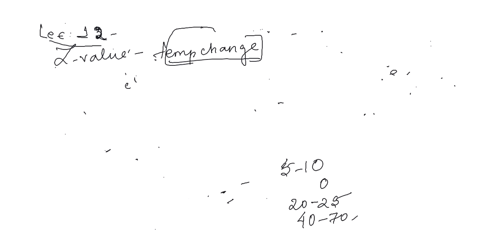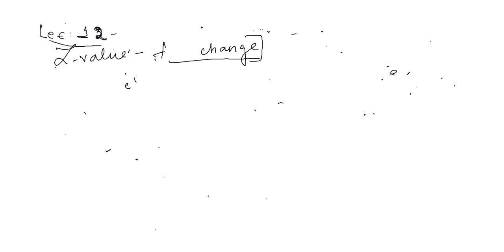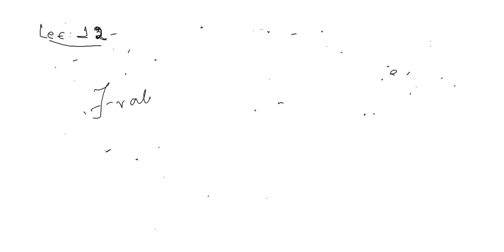So the next point we will talk about is the F value. What is F value? F value is nothing but the number of minutes, mainly the time, to kill the population by a factor of 10 to the power 12.